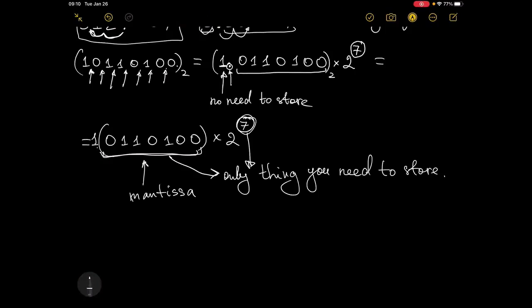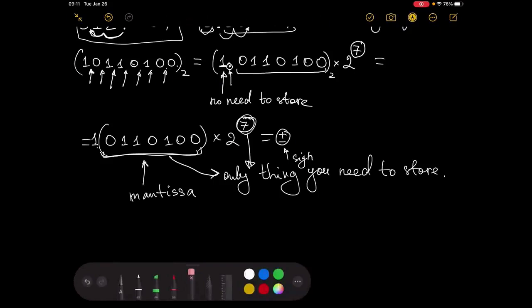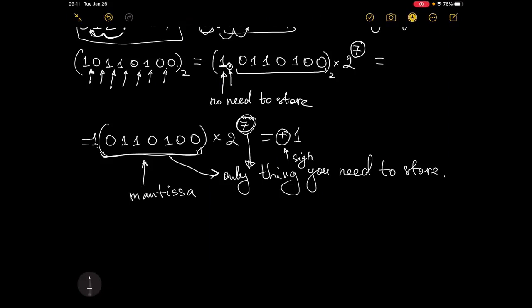Okay, so of course, there is one more thing which you need to store. Because a number can be positive or negative, we need to store the sign. So in this particular case, it's 1, 0, 1, 1, 0, 0, 0, 2 to the 7th.